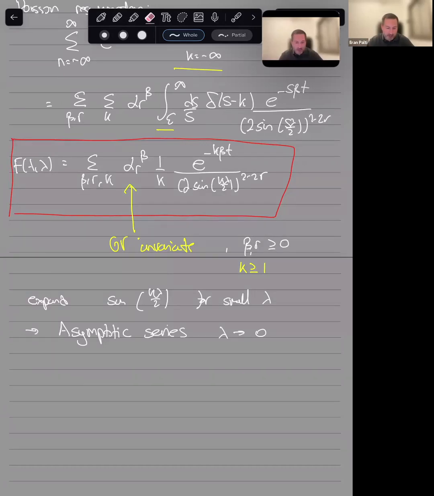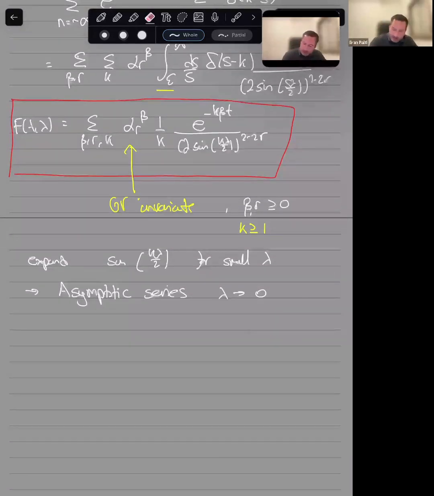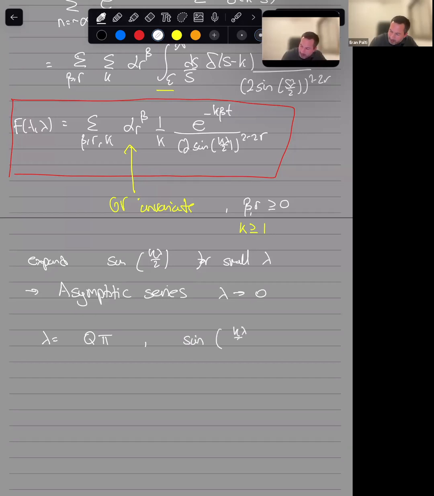One way to see this is, for example, if lambda is a rational number times pi, then sine k lambda over 2 is going to go to 0 for some value of k, right? Because lambda is rational, and so, sorry, times 2 pi.